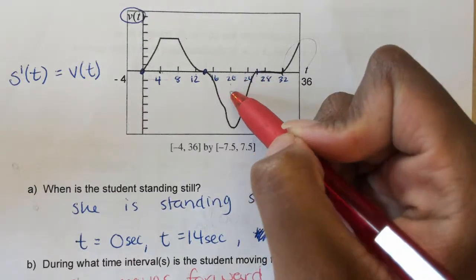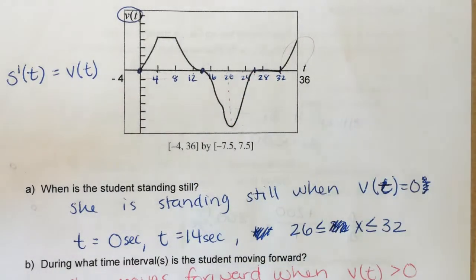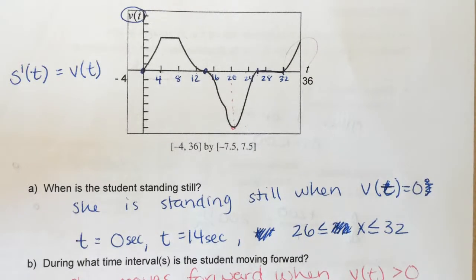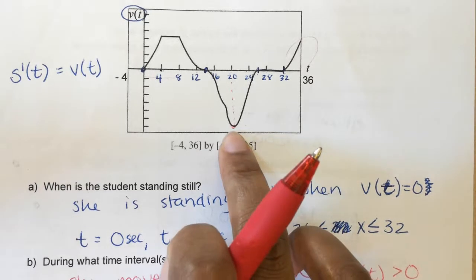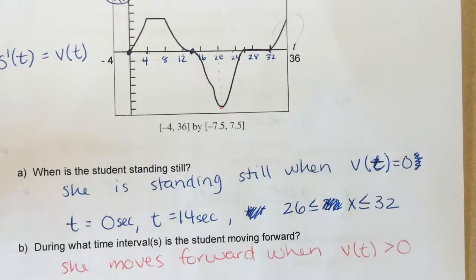So at about t equals 20, we have this point, although it is a minimum, remember we're taking the absolute value of that. The absolute value of -7 is greater than the absolute value of 4.